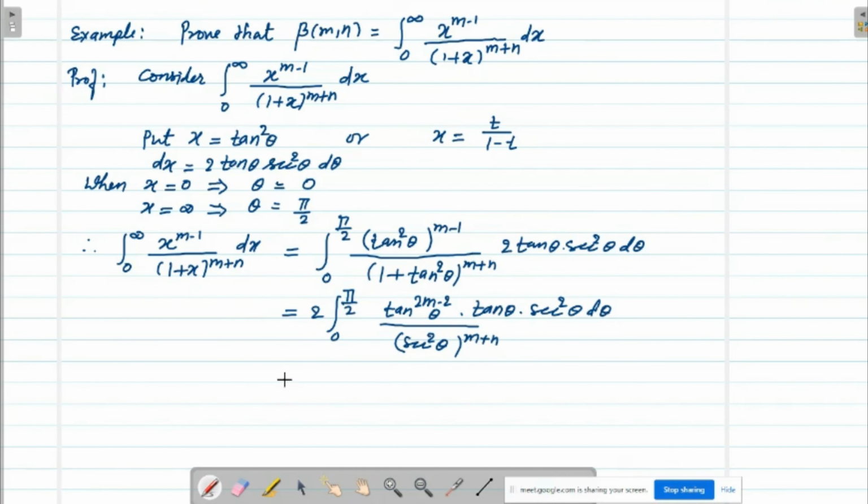Now solve this, and you get 2 times the integration of limit 0 to pi by 2 of, tan is here, so what will this be?